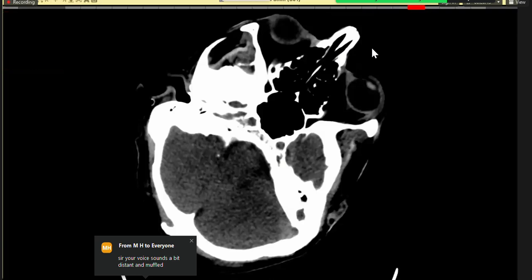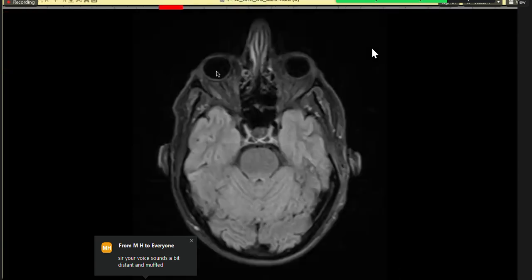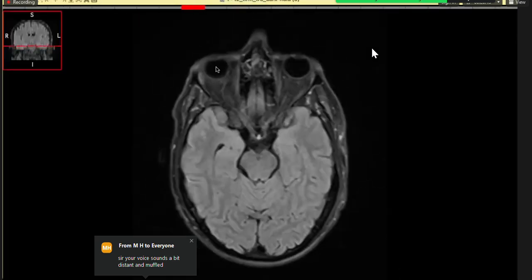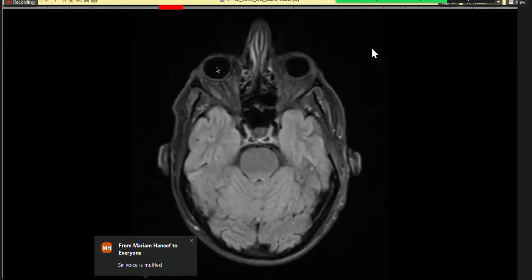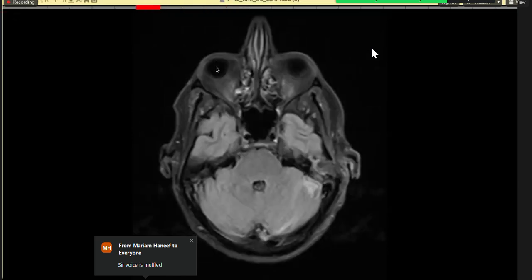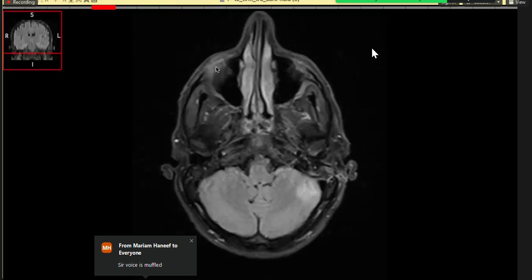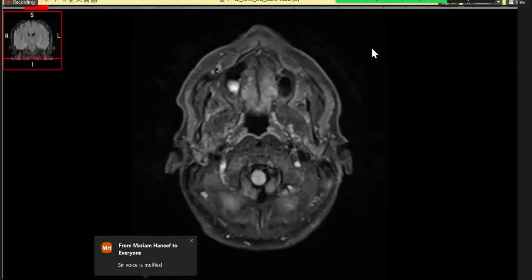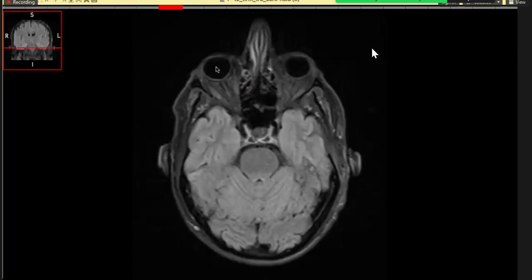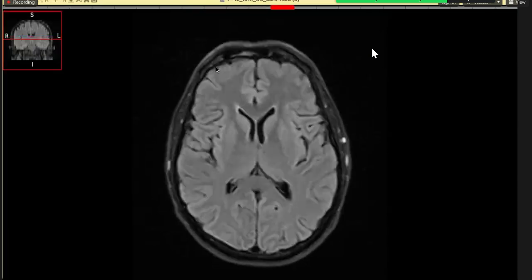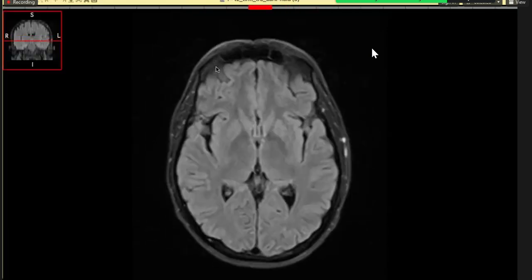Now, having said that, an MR was done the next day actually. These are the contrast enhanced sequences of the MR in the same patient, in which there is a hyperintensity seen posterior to the mastoid cells.